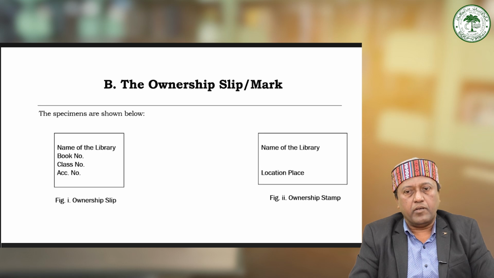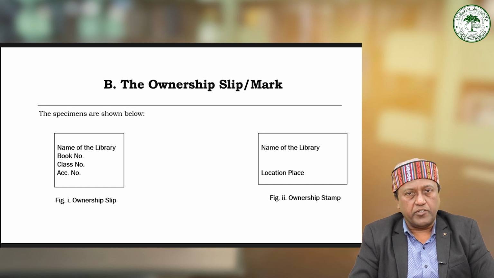Typically this slip is affixed to the inner side of the front cover board, positioned at the top left corner for easy visibility. It is commonly crafted from glazed paper, offering durability and longevity, and measuring approximately 3 inches by 2.5 inches.